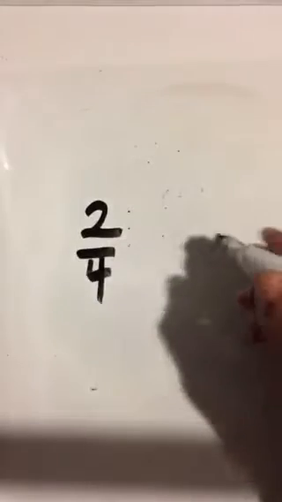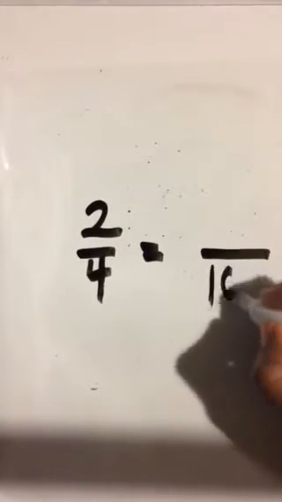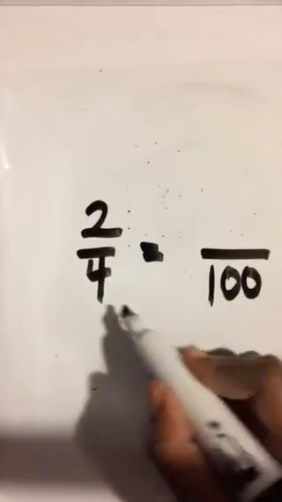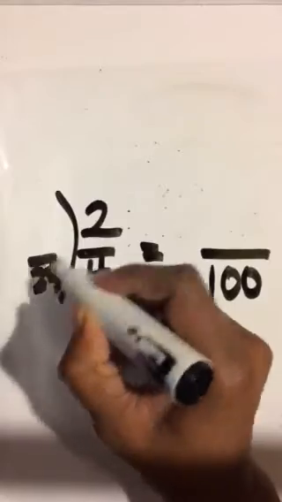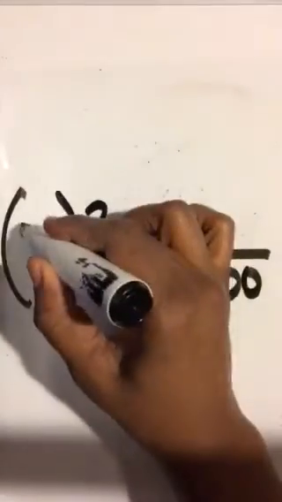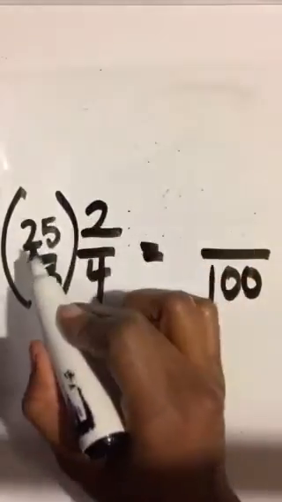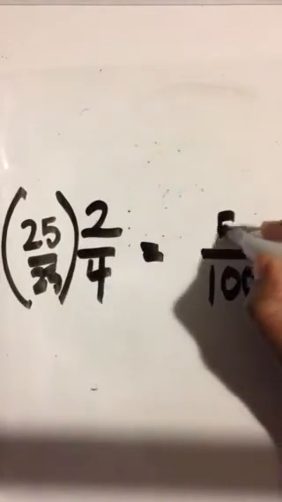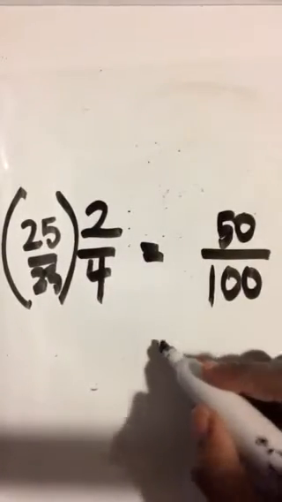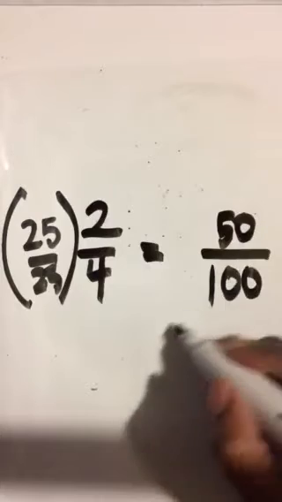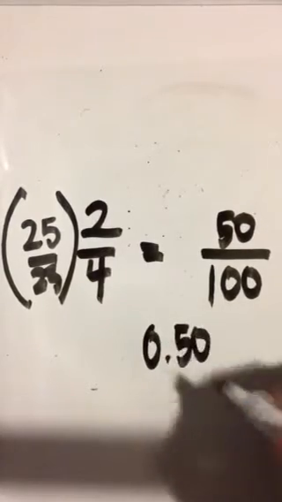Two fourths. Everything's equal to 100. It's an even number, so we'll try this. 4 quarters equal $1. And whatever I do to the denominator, I have to do to the numerator. 2 quarters would be 50 cents. So 2/4 is equivalent to 50 hundredths. Say the fraction, write the decimal.